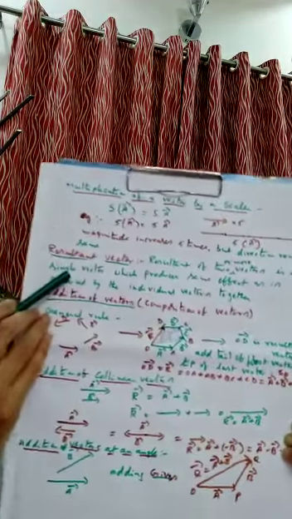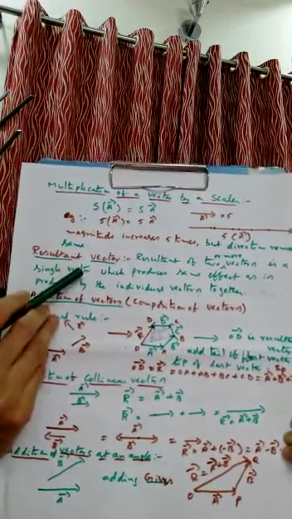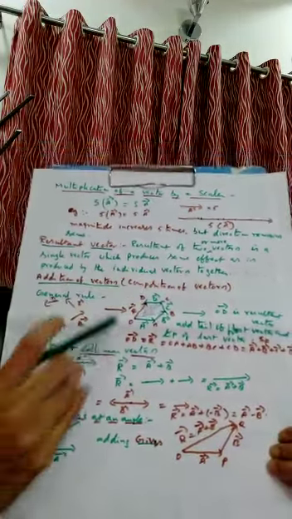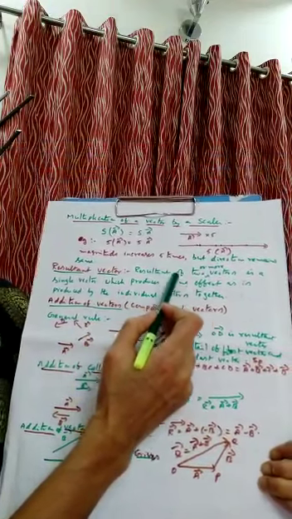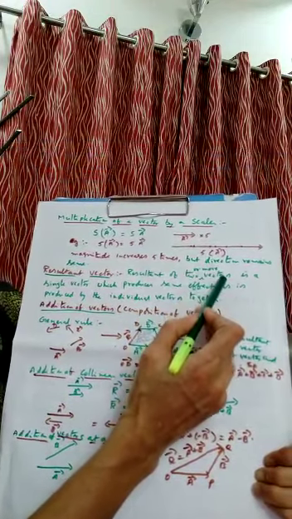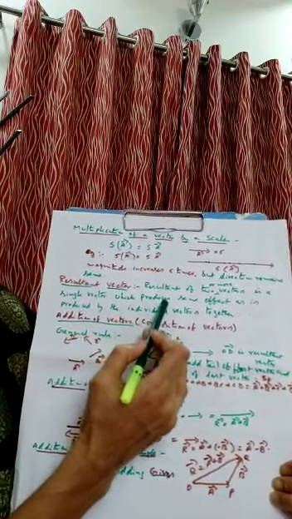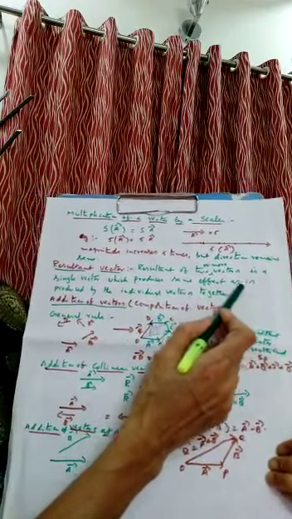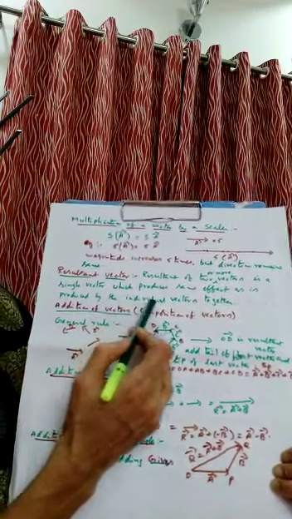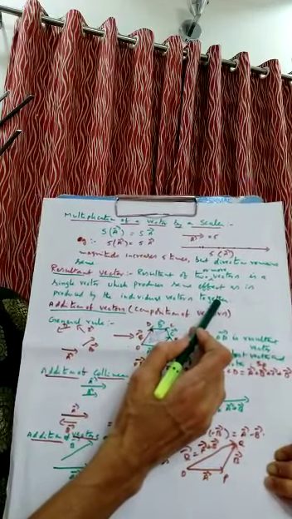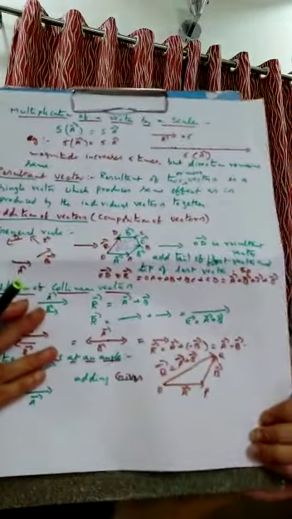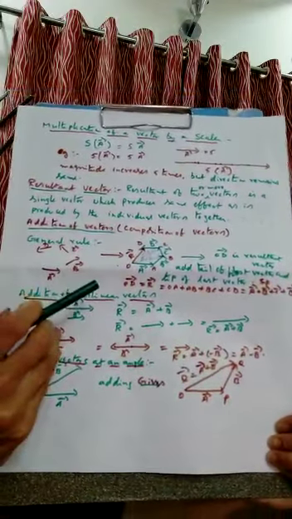Okay. So what is meant by resultant vector? The resultant vector of two or more vectors is a single vector which produces the same effect as is produced by the individual vectors together. I will tell you in Hindi, you will understand in a much better way.